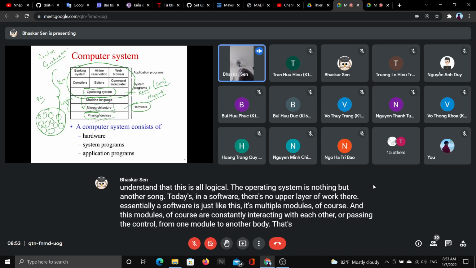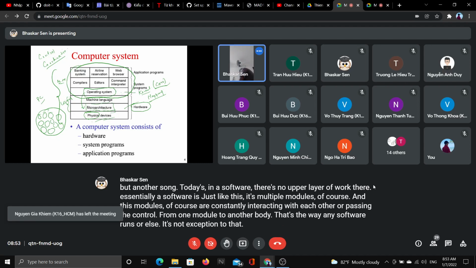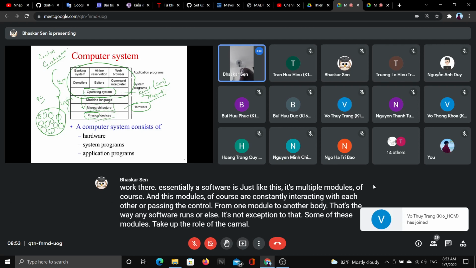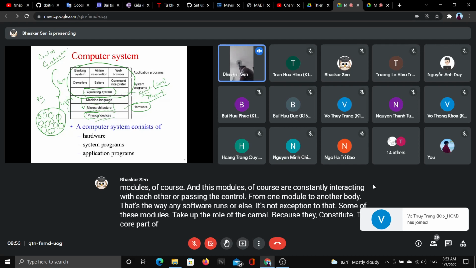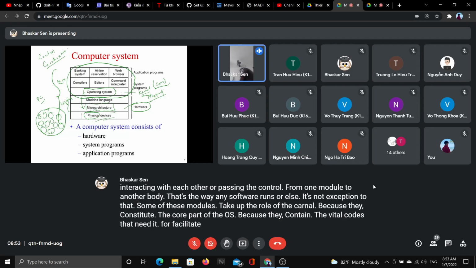That's the way any software runs. OS is no exception to that. Some of these modules take up the role of the kernel because they constitute the core part of the OS, because they contain the vital code that is needed to facilitate this interaction with the underlying hardware.